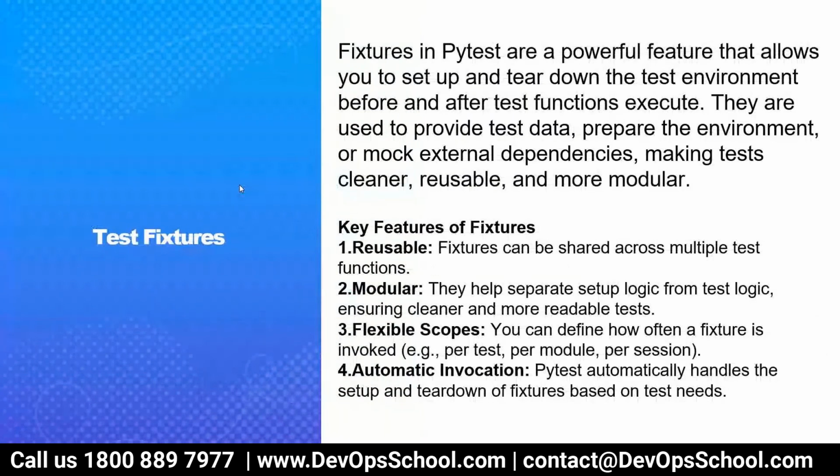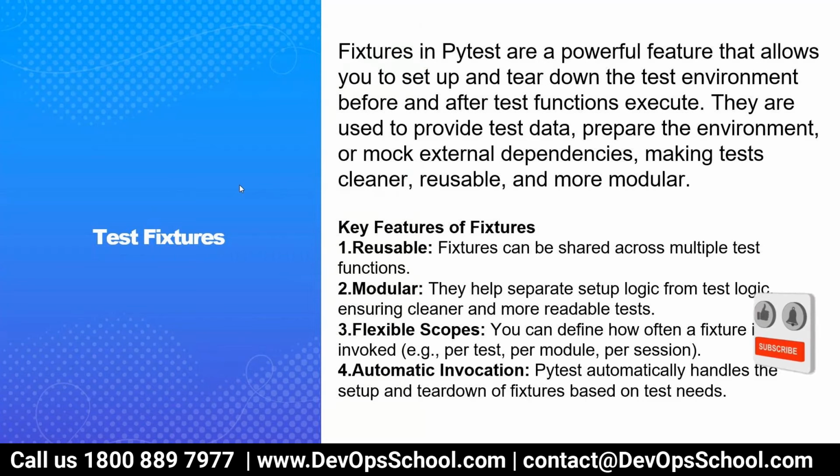They are used to provide test data, prepare the environment, or mock external dependencies, making tests cleaner, reusable, and more modular. Some of the key features of fixtures: reusable, you can reuse the program again. A fixture can be shared across multiple test functions. Modular, they help separate setup logic from test logic, ensuring cleaner and more readable tests.